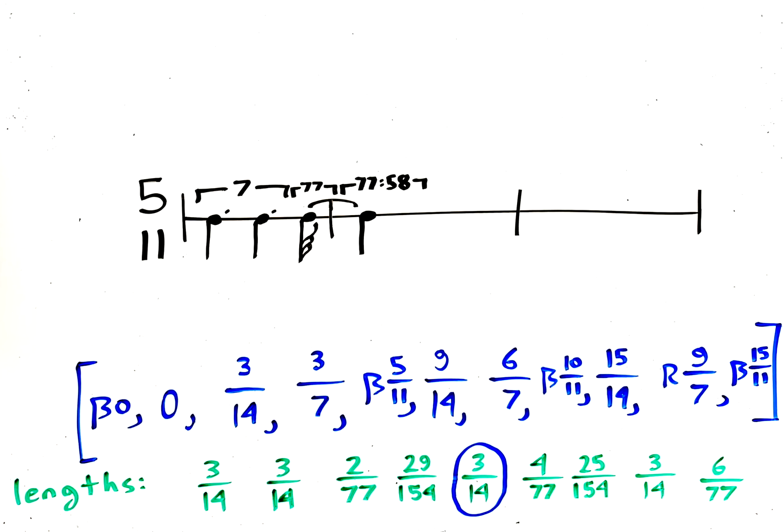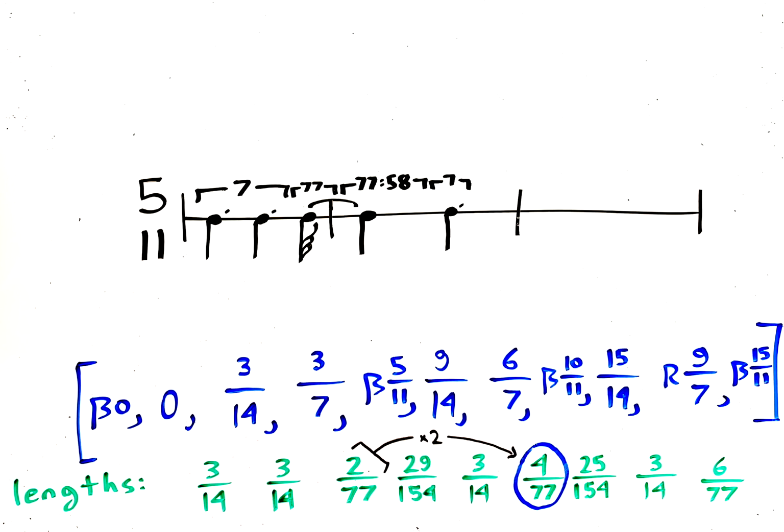For the fifth segment, the changed length is 3/14 again. For the sixth segment, we realize that it is exactly twice as much as the third segment. So we can just copy the third segment and double the note value, from a 32nd note to a 16th note. Now, because this segment ends with a bar line, that means the actual note continues past the bar line. So we need to tie the segment to the next segment.